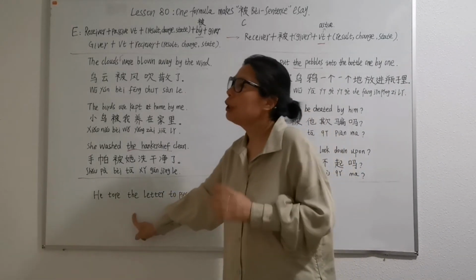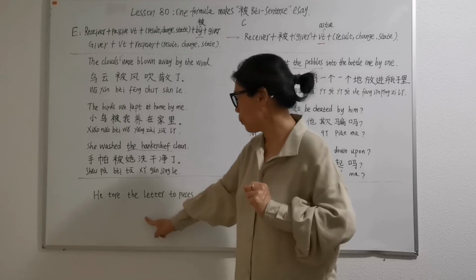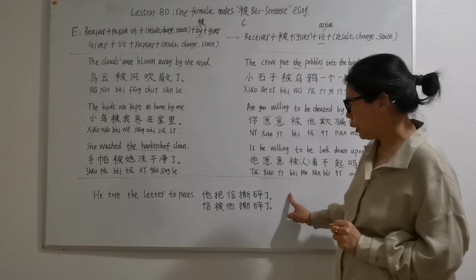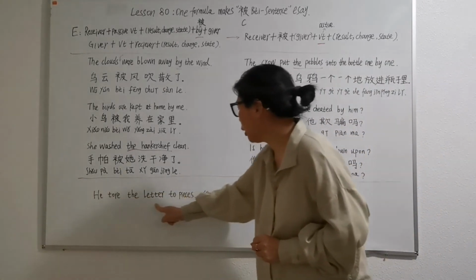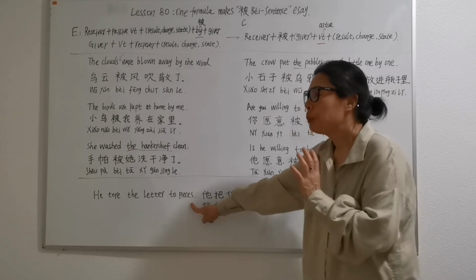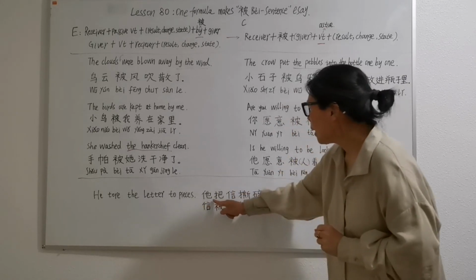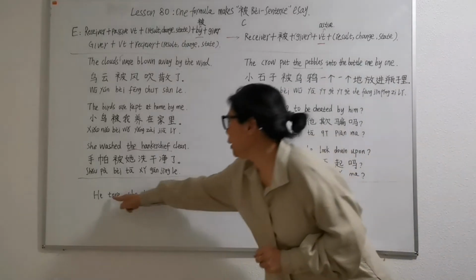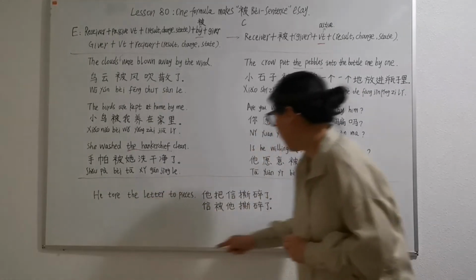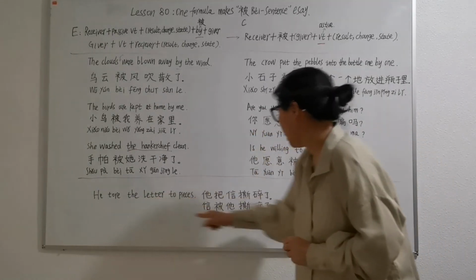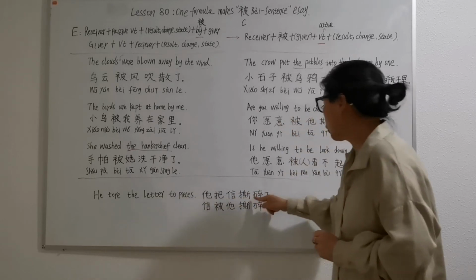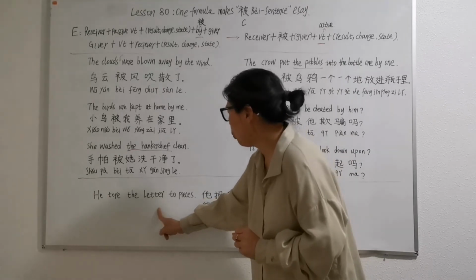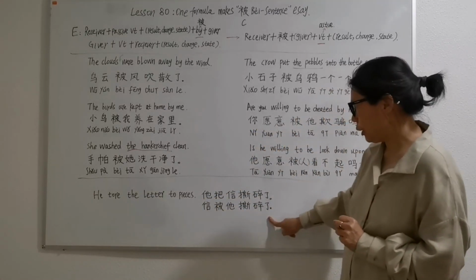Okay, finally, we check this sentence. This sentence appeared in last lesson. It was used to learn the 把-sentence. He tore the letter to pieces. In 把-sentence, it is 他把信撕碎了。He is 他, tore is 撕, the letter is 信, to pieces is 碎了. And it can change to 被-sentence.